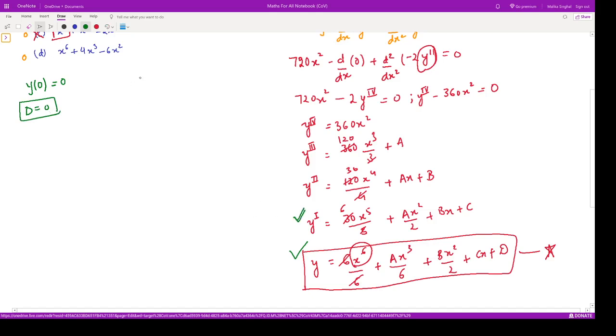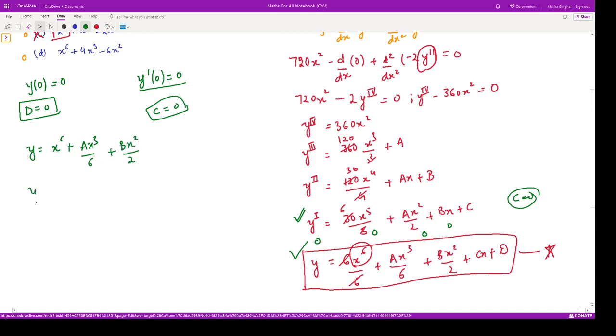Another condition we have is y dash of 0 equal to 0. If we substitute it, this would be 0, this would be 0, this would be 0, so we are left with c equal to 0. So this condition gives c equal to 0. So our y becomes x to the power 6 plus ax cubed by 6 plus bx squared by 2, and y dash would be 6x to the power 5 plus ax squared by 2 plus bx.